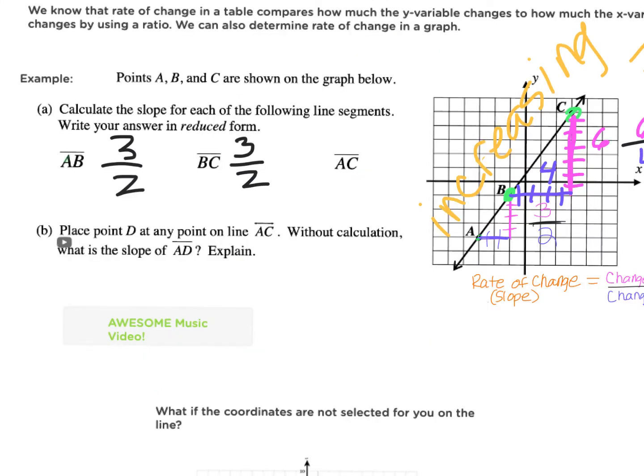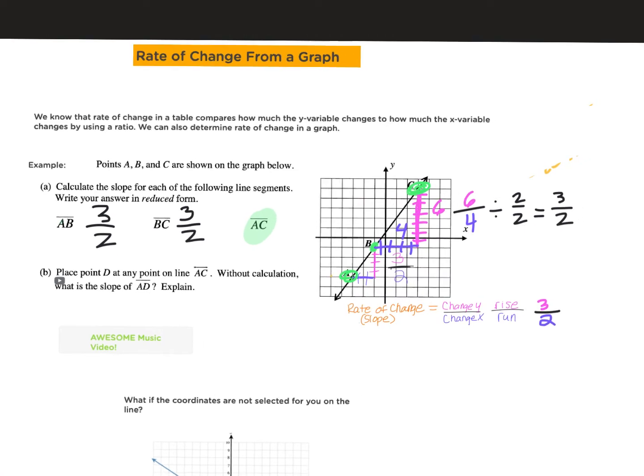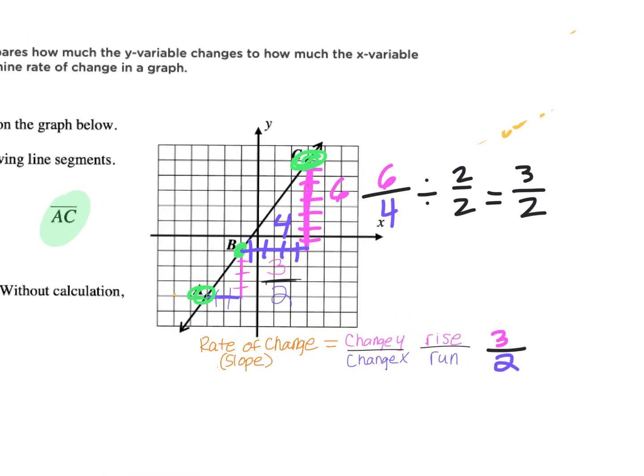So we know that segments AB and BC are both 3 over 2. Using that reasoning, we already know that the last segment they ask us for, AC, is also going to be 3 over 2, because it's linear and has a constant rate of change. But I want to show you something really quickly using AC, using these 2 coordinates right here. Once again, I'm going to draw my rate of change.